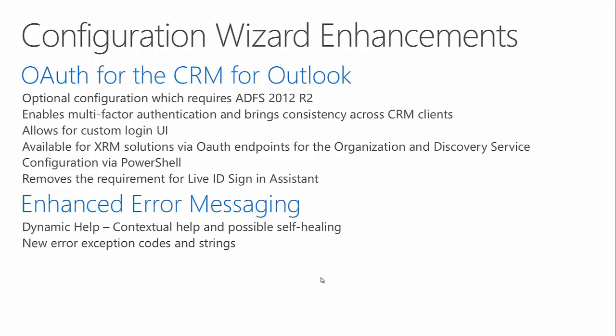And we've also added enhanced error messaging. So the dynamic help that is set up now on the error messages, instead of just getting a static message that says an error has occurred, or contact your system administrator, or you need to look into this information.